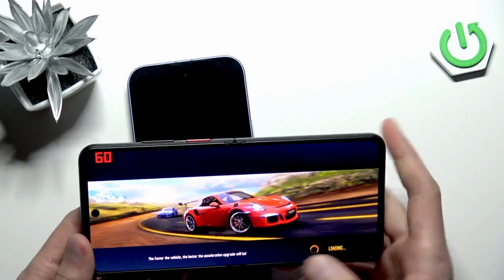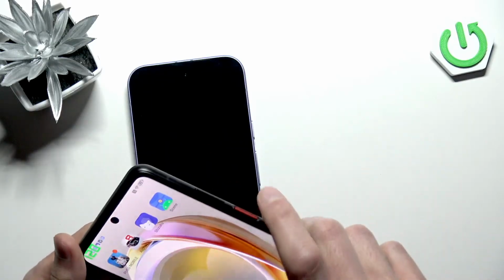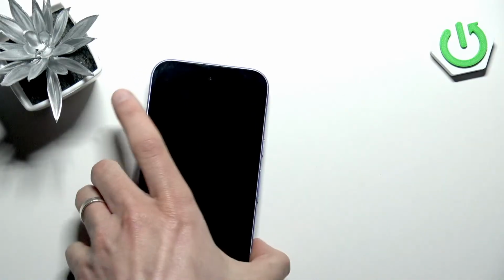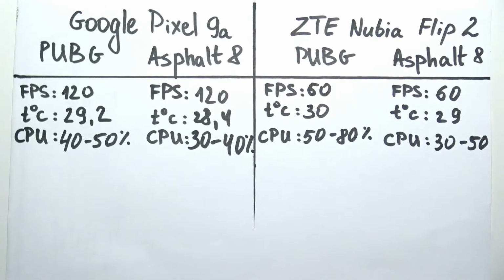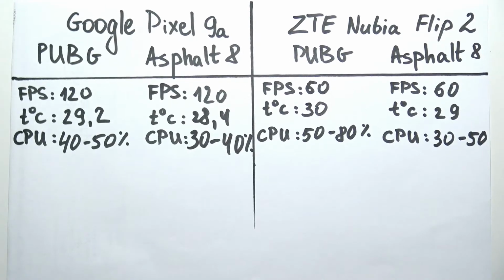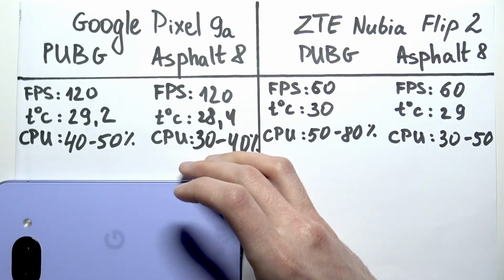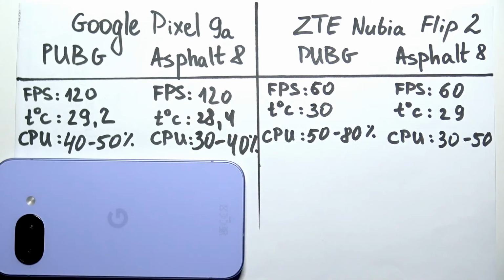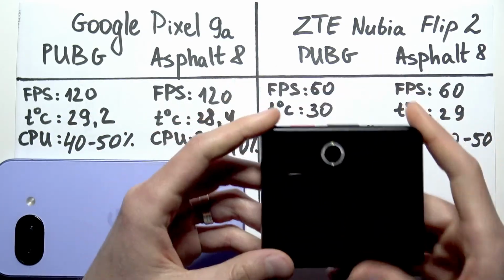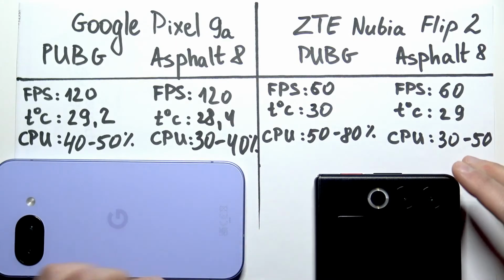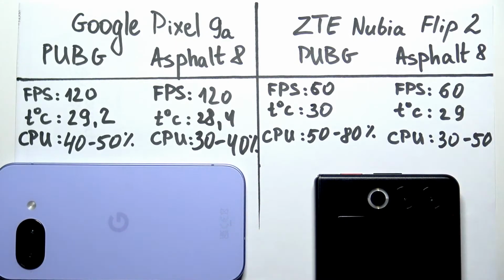So now I'm going to show you my notes, the results. Here we have it. Okay, so this is Google Pixel 9a. This is ZTE Nubia Flip 2. And let's sum up the results.